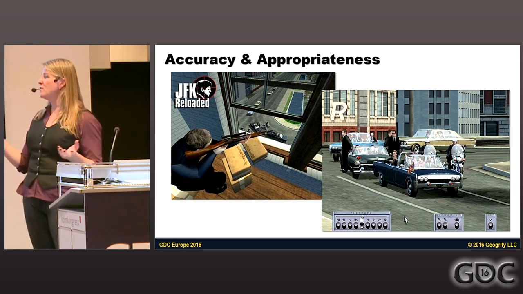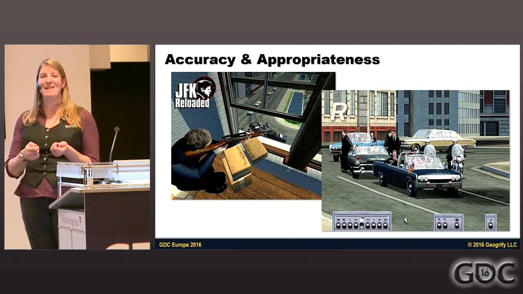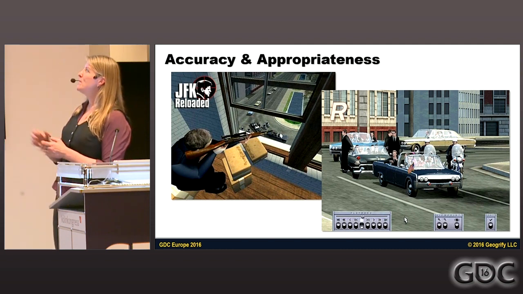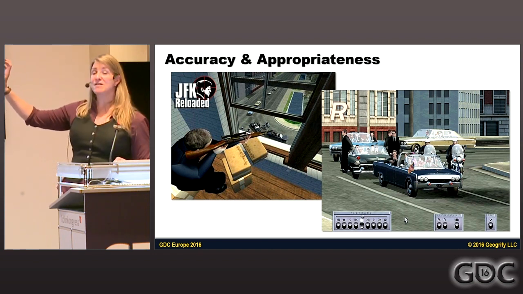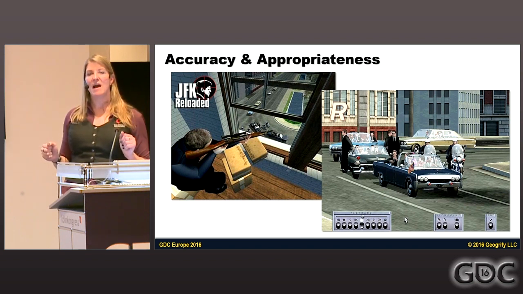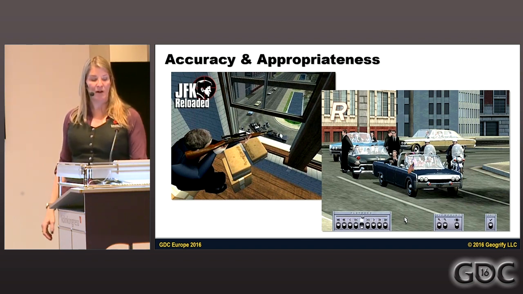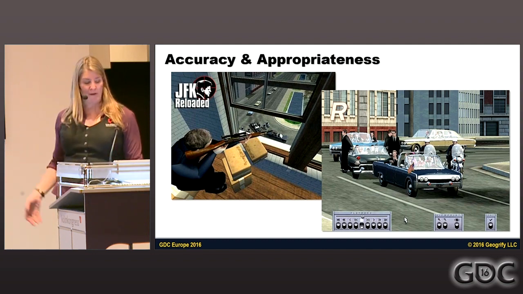But it also kept score, and it wanted you to try and do a better job. Well, that's a game. A lot of people felt this is highly inappropriate, but it's also highly accurate. They did an incredible job of recreating Dealey Plaza in Dallas and recreating the whole scenario. Well, if you watch the Oliver Stone movie, though, then it's all baloney, right?